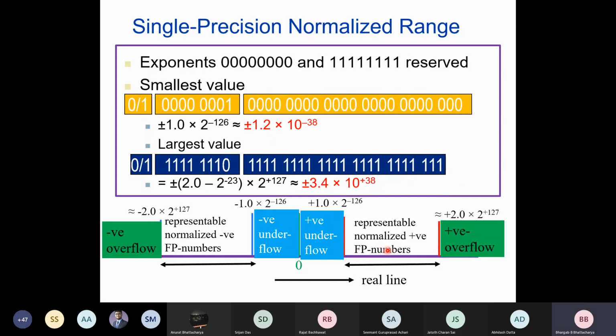Are these samples uniform, equispaced, or are they differently spaced? Think about it and give me the answer next time. Okay.